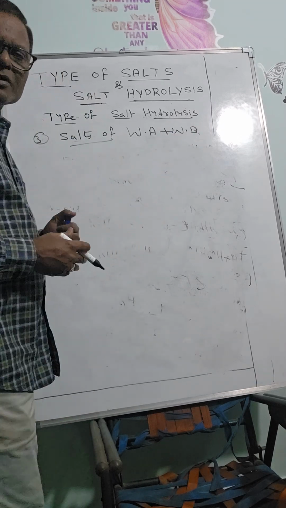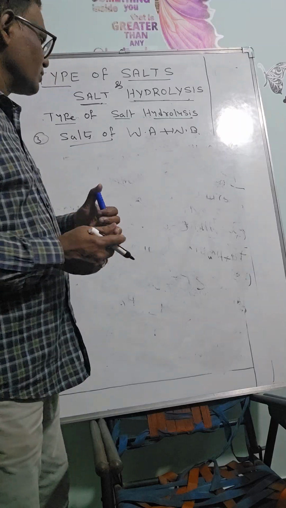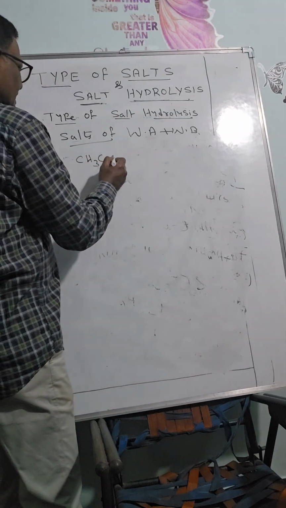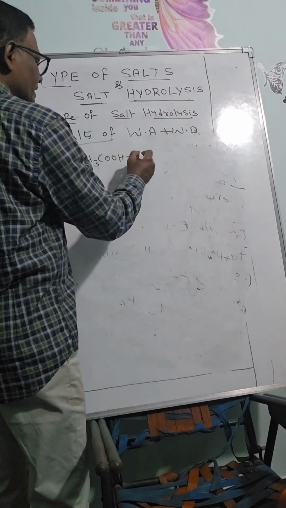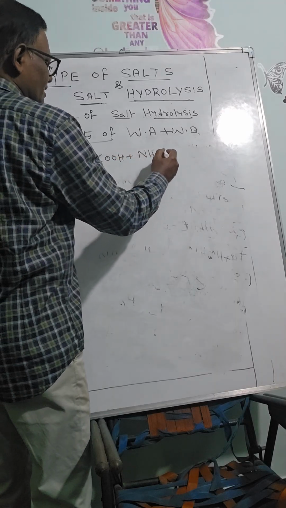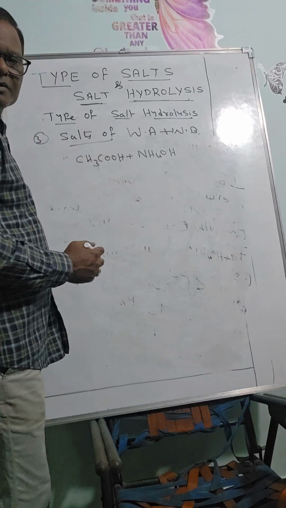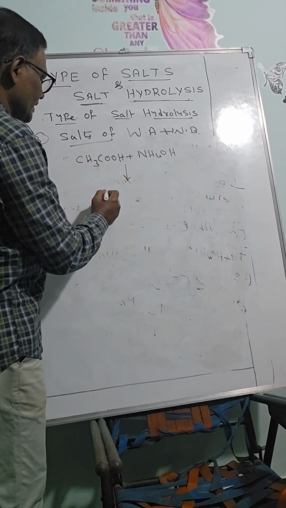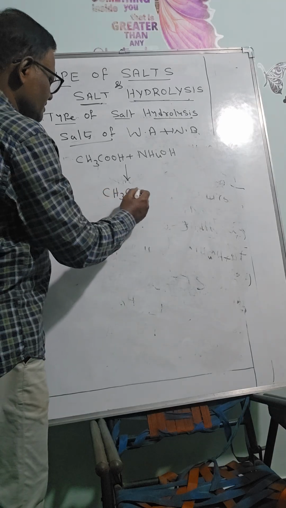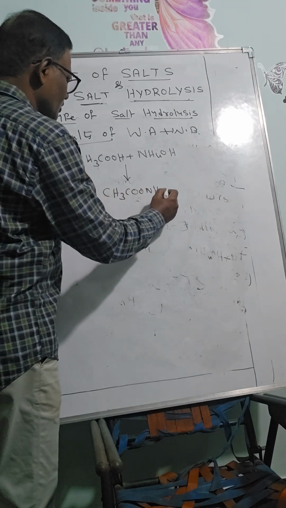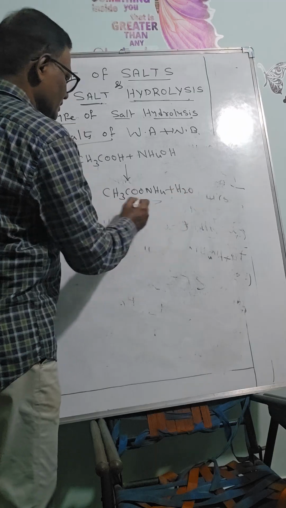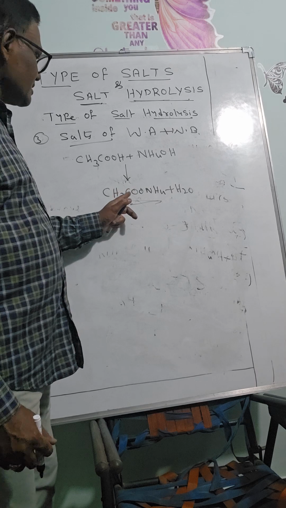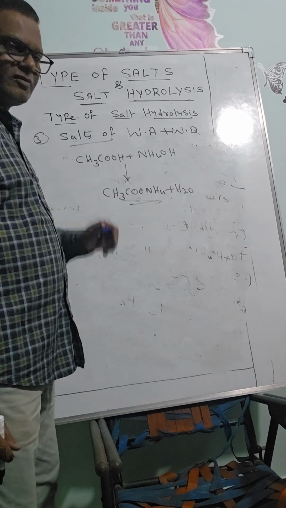Here, what is a weak acid? Acetic acid is a weak acid. What is a weak base? For example, ammonium hydroxide. These two combine, and what salt do we get? CH3COONH4 plus H2O. This is called ammonium acetate. It is a salt of weak acid and weak base.